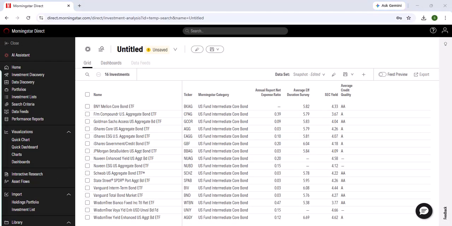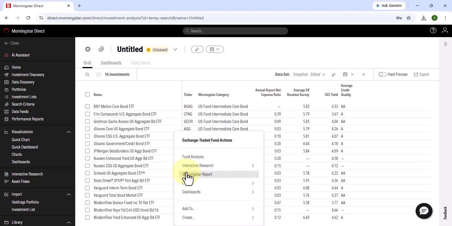I'm pushing it over to another screen so I can look at them at the same time. So the first one here was this State Street Spider Portfolio Aggregate Bond ETF. I can pull up the report here on that.